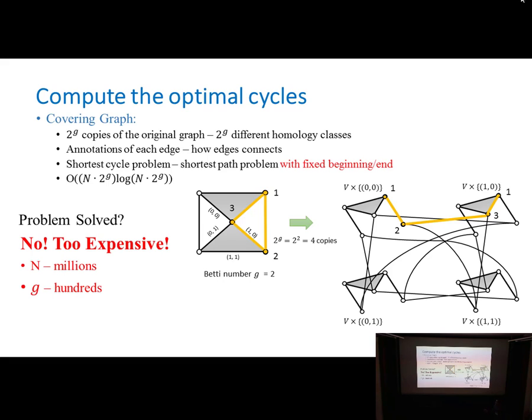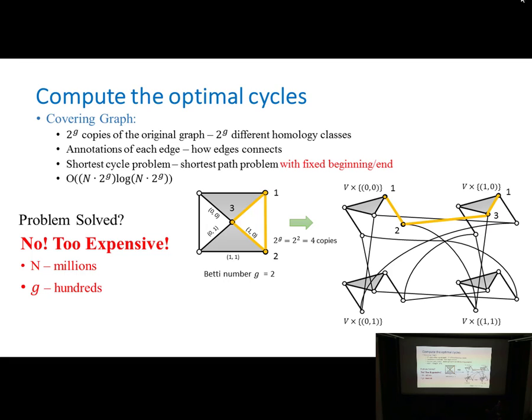Right? Not yet. The problem is, in practice, n can be millions. Our image easily can be hundreds to the cubic many voxels, right? So you have millions of pixels, meaning millions of vertices in the complex. That's the first thing.